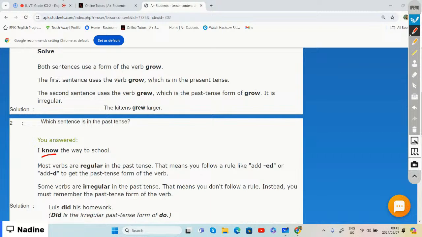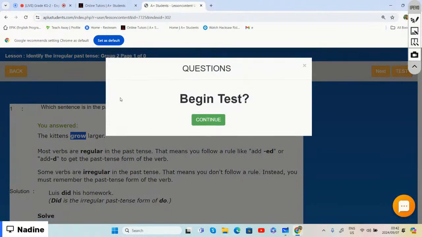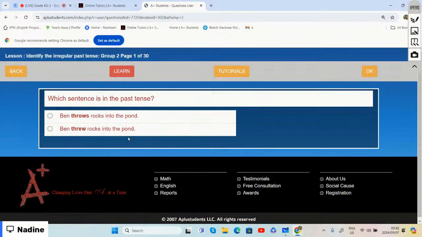And if we look at the past tense of that word know, the past tense of the word know is knew. I knew the way to school. Knew, right?